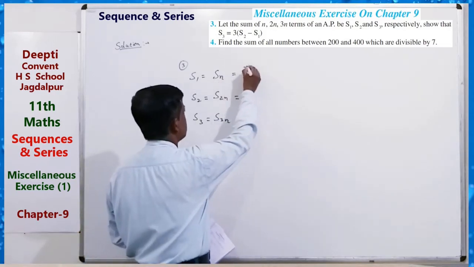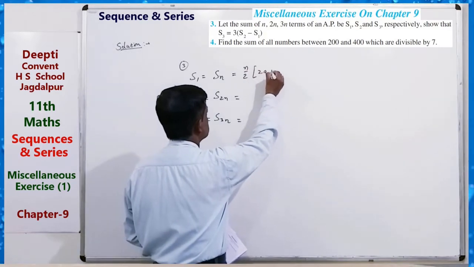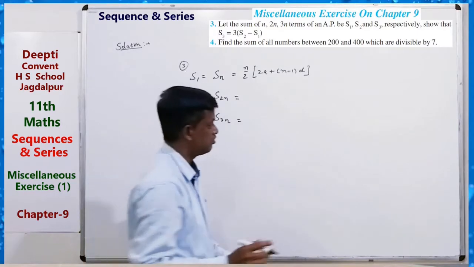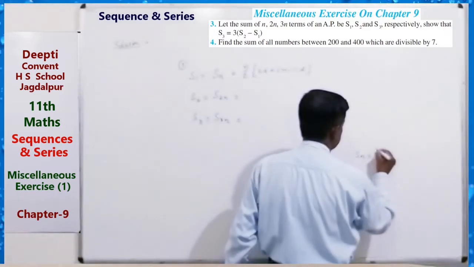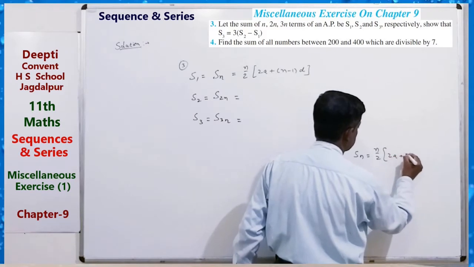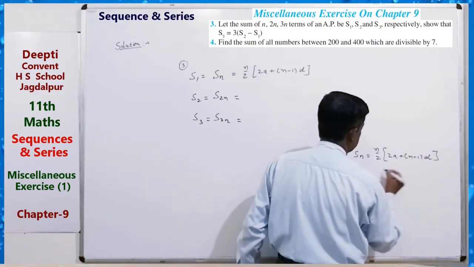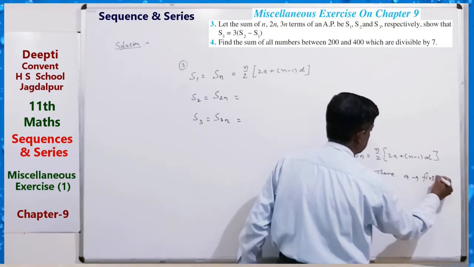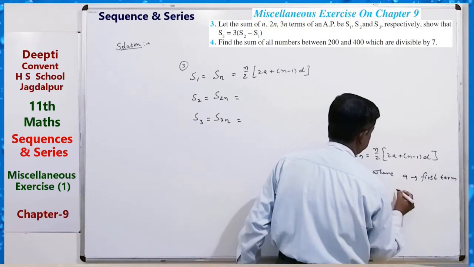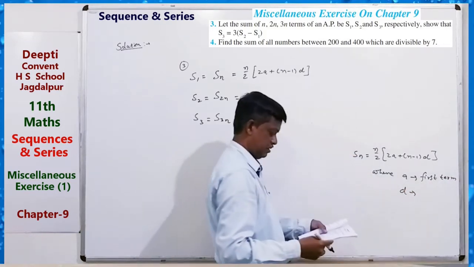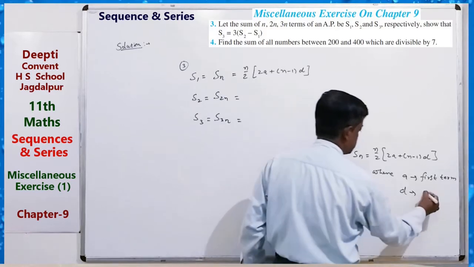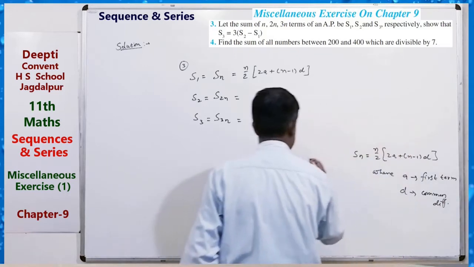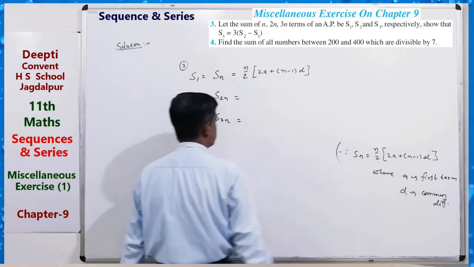The sum of n terms, by using the formula Sn equals n by 2 times 2a plus n minus 1 into d, where a is the first term of the AP and d is the common difference. Okay. This is our formula.